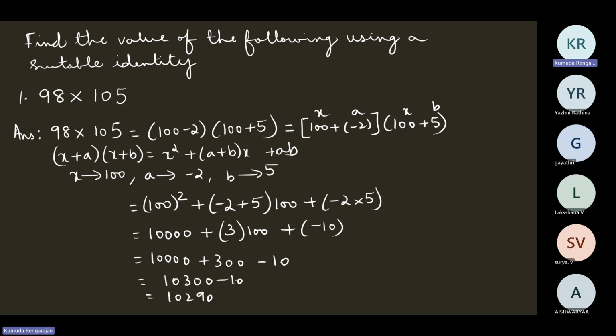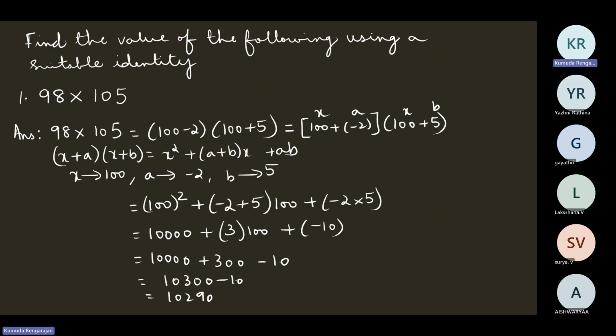You can see x in both the brackets. We have 100, which is x. In the first bracket, we have minus 2, which is a. Second bracket, 5, which is b. So we've identified the values of x, a, and b.